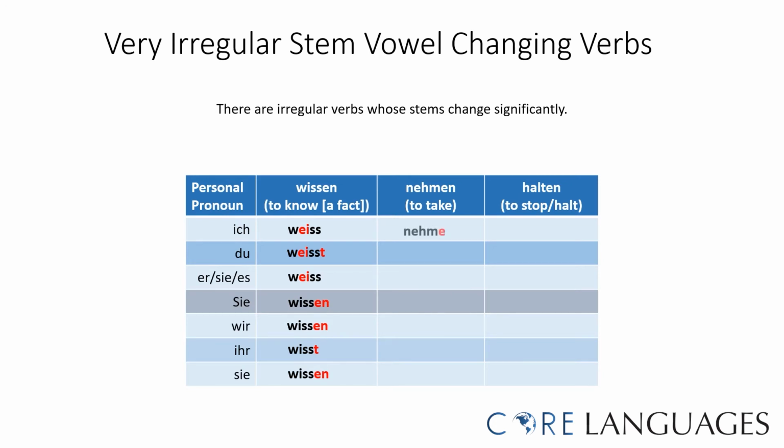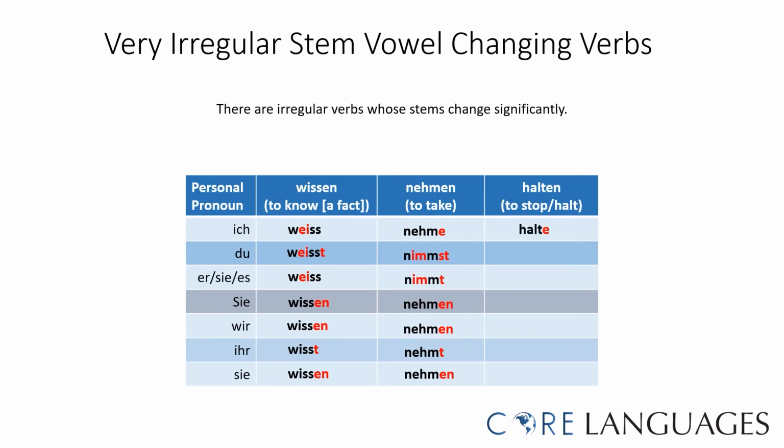Nehmen. Ich nehme. Here, the first person is regular, but du nimmst not only has a vowel change, but a letter change. We added an extra M and removed the H. Du nimmst, sie, es nimmt. Sie nehmen, wir nehmen, ihr nehmt, and sie nehmen.